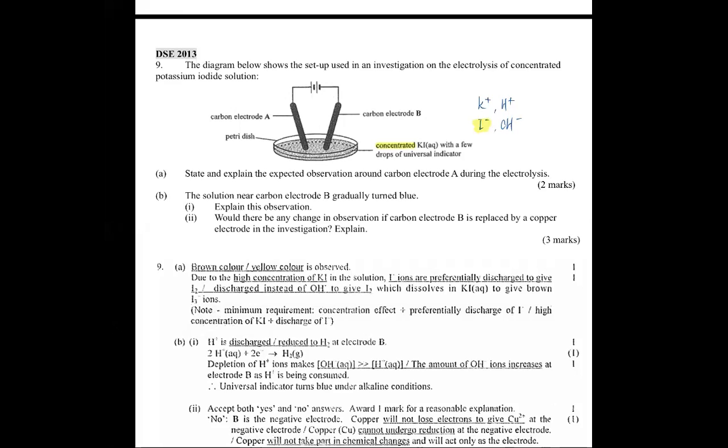So for the first part A, expected observation at electrode A. Electrode A is connected to the positive pole of the battery, so it should be iodide that gets preferentially discharged. So at least you can get marks for this part.